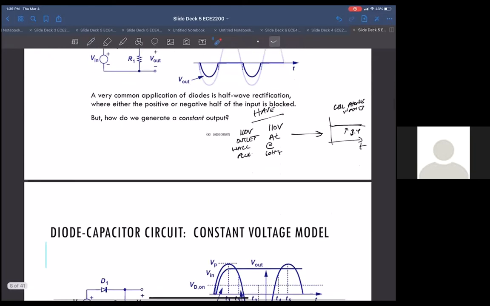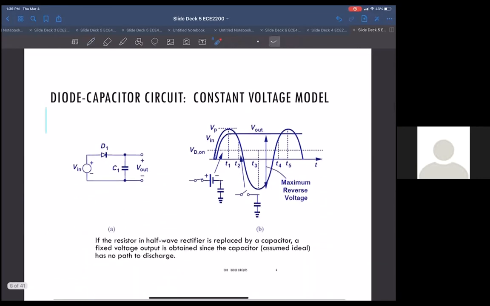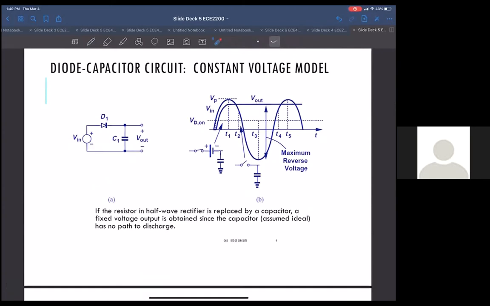Well, you can do that by sticking a capacitor in front of your diode. And what does that do? Well, on the positive going wave of your input, for the sake of discussion, let's say the capacitor starts with initial charge of 0.